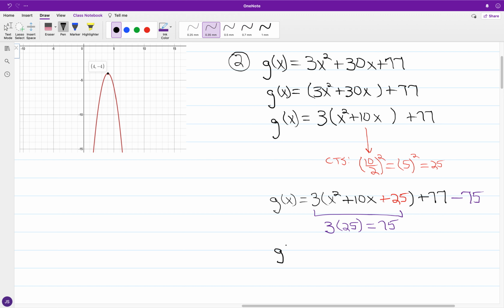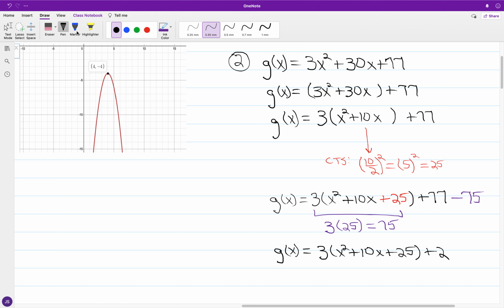So in following through, we have g of x equal to 3 times the quantity x squared plus 10x plus 25, and we have 77 minus 75. So that is going to leave us with 2.